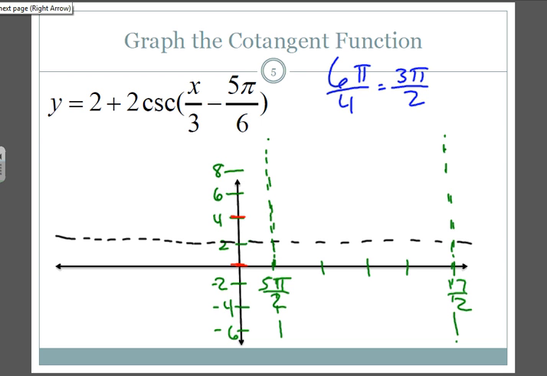So I'm going to add 3 pi over 2 to each one. So I go from 5 pi over 2 to 4 pi. 4 pi to 11 pi over 2. And then 11 pi over 2 to 7 pi. Okay? So now that I have that, my midpoint will also be in center.